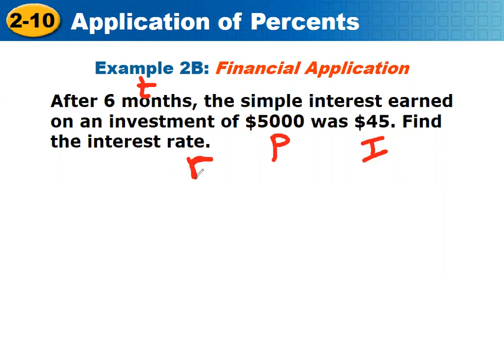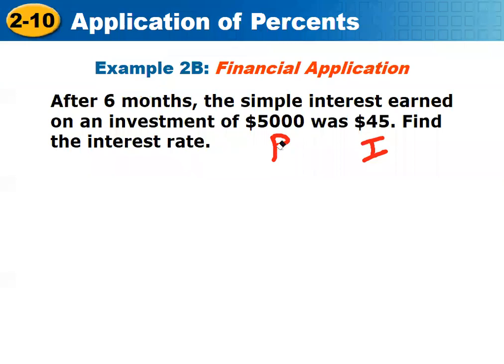The simple interest earned on an investment of $5,000. So this is the total amount at the beginning, so it was 5,000. This represents the principal. He was talking about the simple interest, so it's 45. Find the interest rate, so he's looking for the rate, which should be in percent.